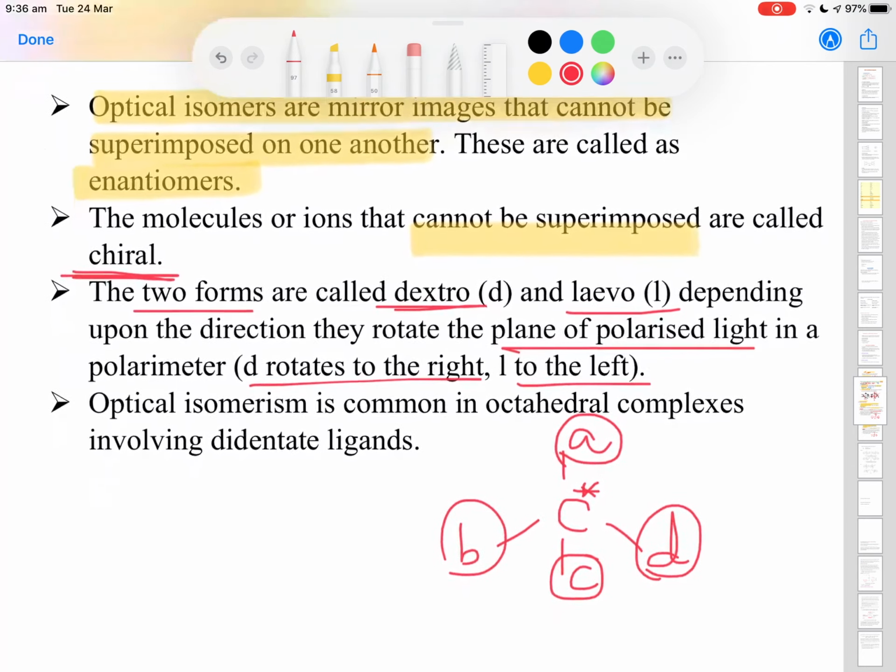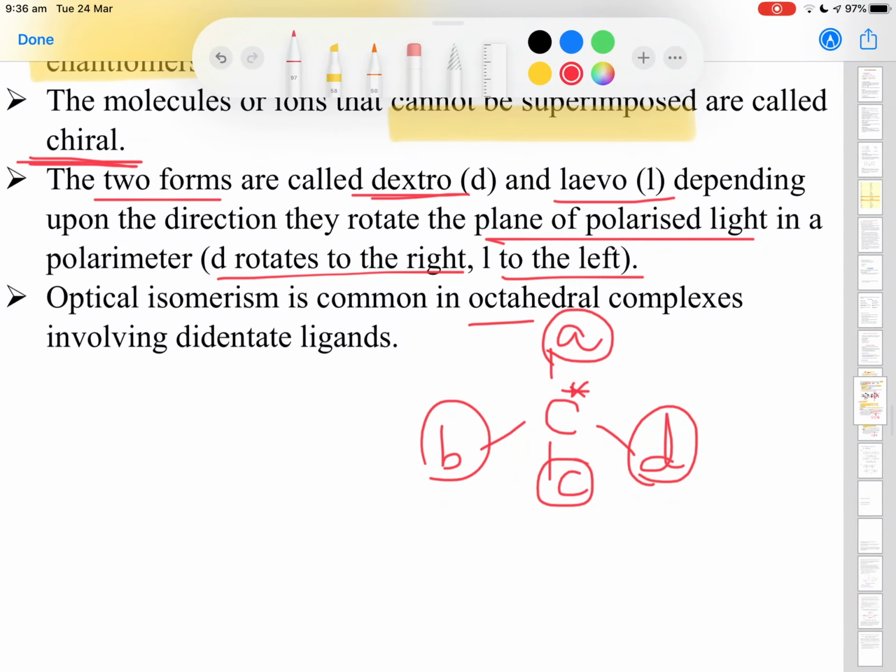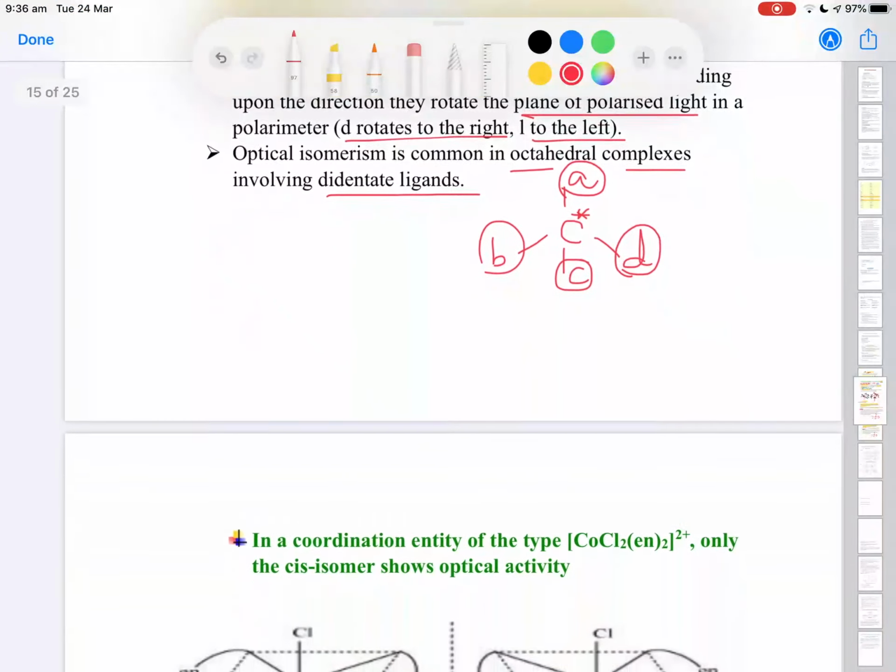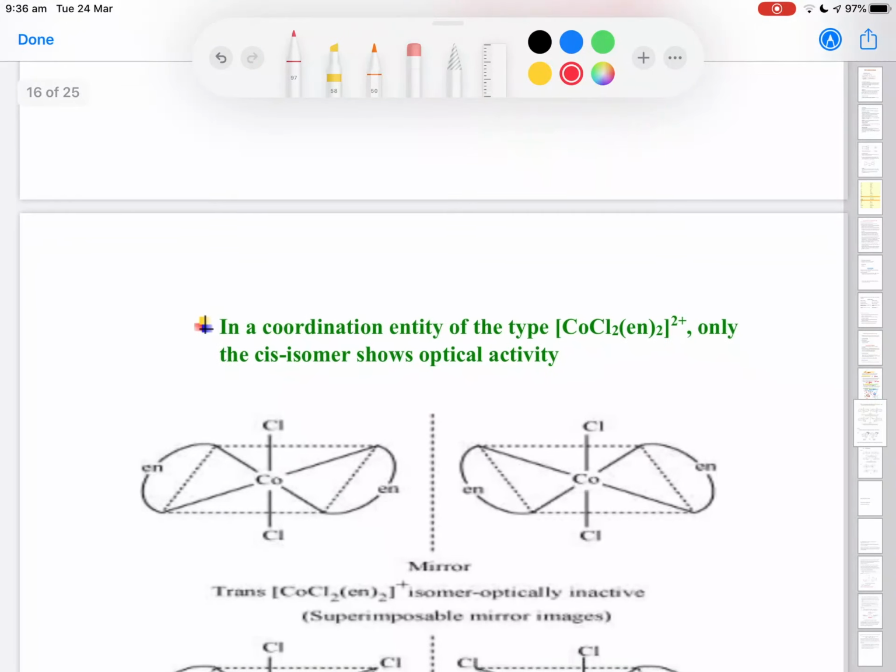Such type of optical isomerism, as I said, is observed in octahedral complexes, particularly involving bidentate ligands. That is, ligands with two donor atoms bonded to the metal atom at the same time. So let us see the example over here.